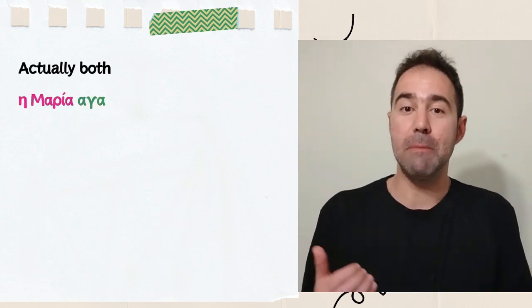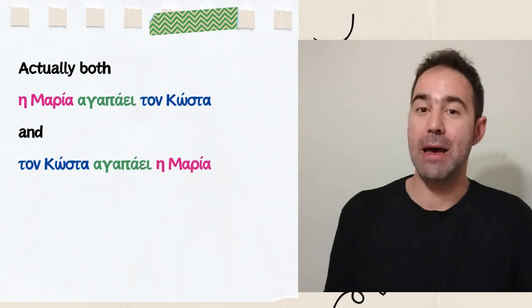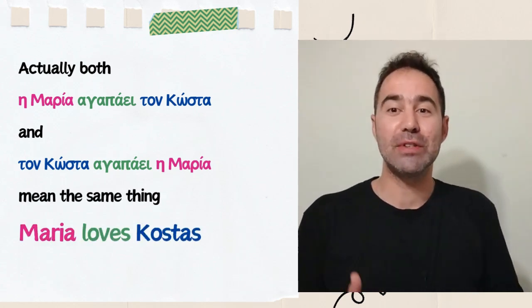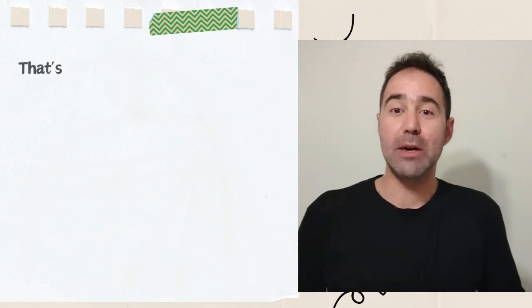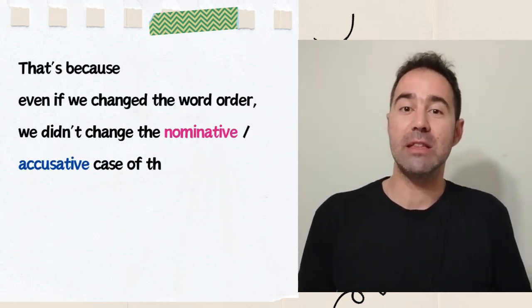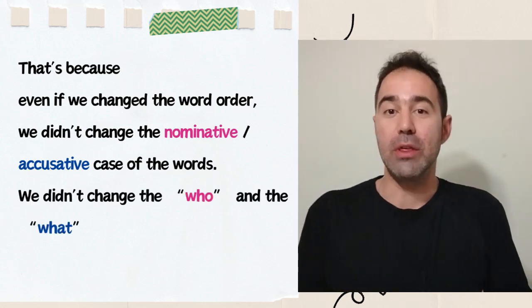Actually, both η Μαρία αγαπάει τον Κώστα and τον Κώστα αγαπάει η Μαρία mean the same thing: Maria loves Kostas. That's because even if we change the word order, we didn't change the nominative or accusative case of the words. We didn't change the who or the what.